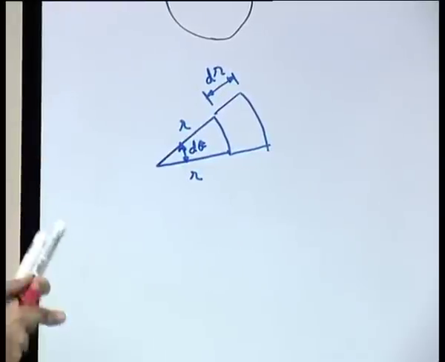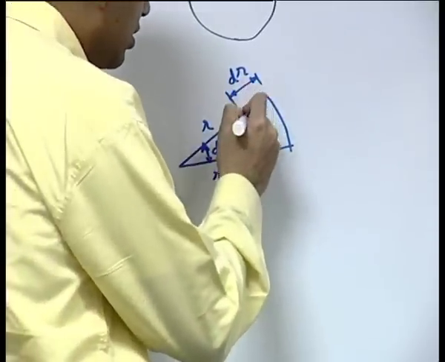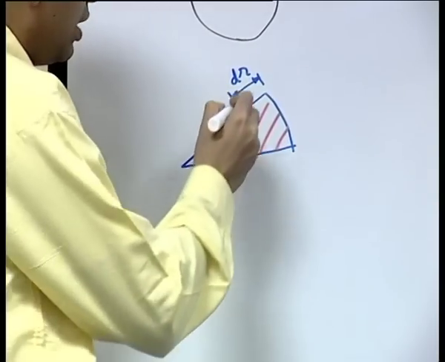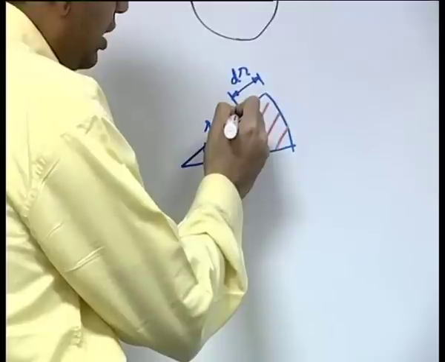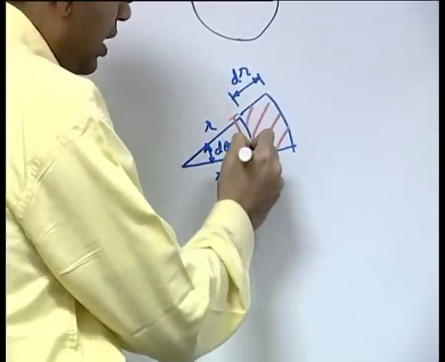One of the lengths is dr, the other length is r d theta.